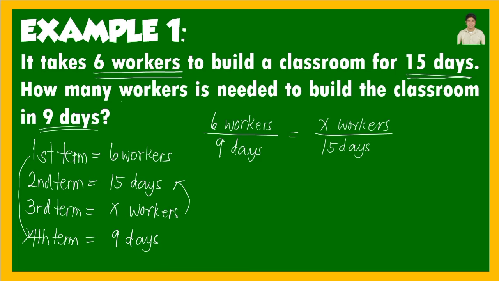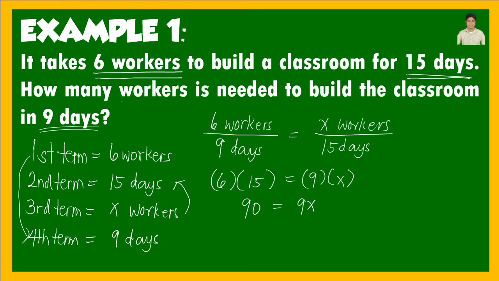Cross multiply tayo ngayon. 6 times 15. So, 6 times 15 equals 9 times X. 6 times 15, the answer is 90. Equals 9X.